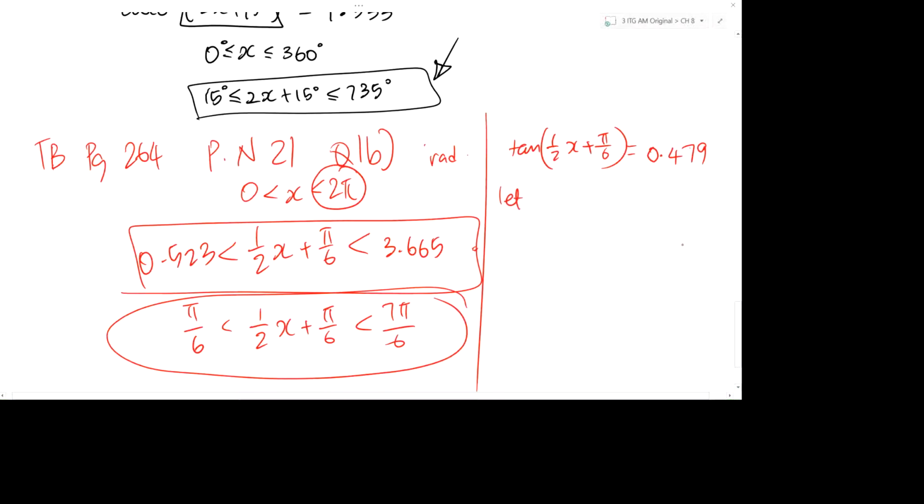So let alpha be equals to 0.479. And what do you have for alpha? Really? All press calculator now, what do you have for alpha? Darius? Oh, sorry. This one is let tangent alpha be 0.479. So what is alpha?